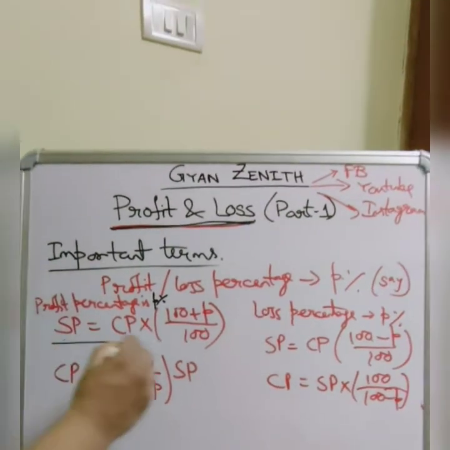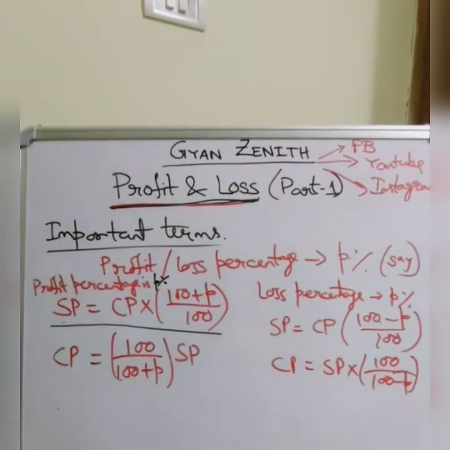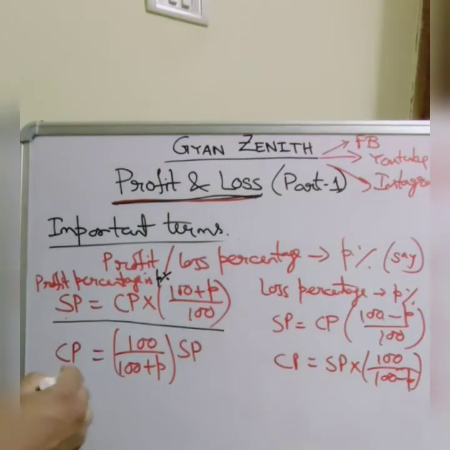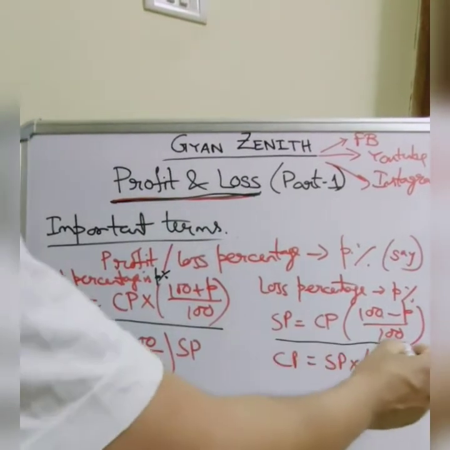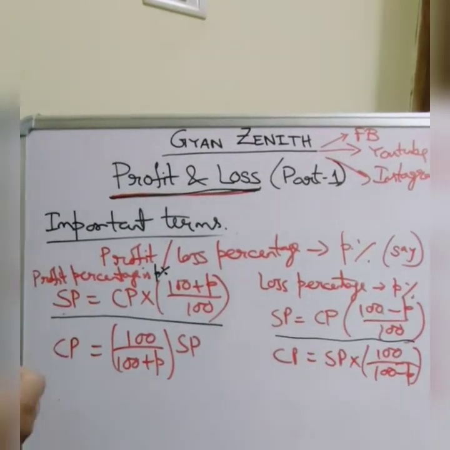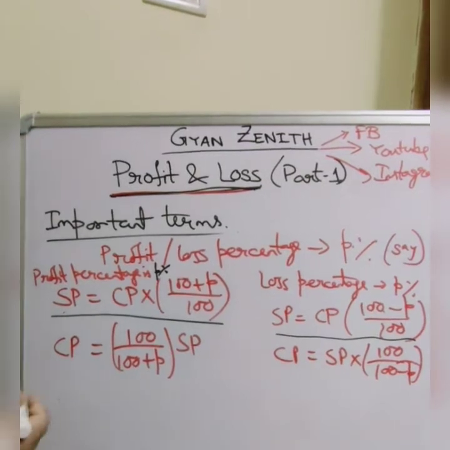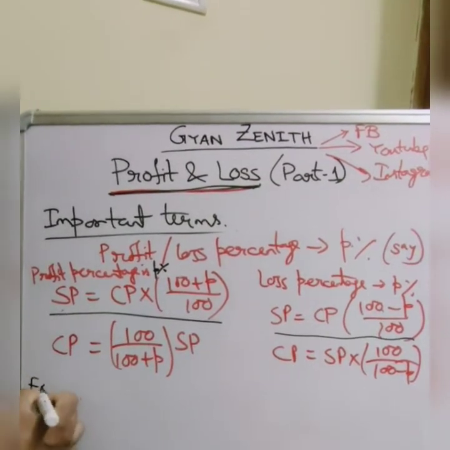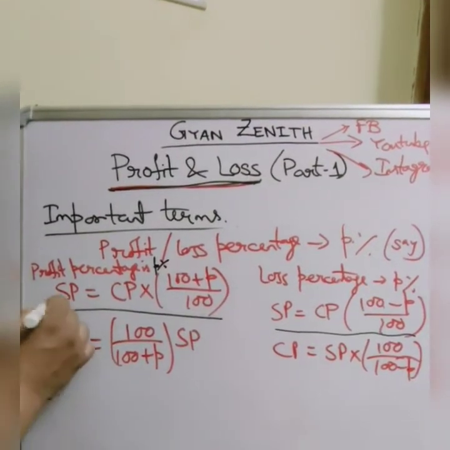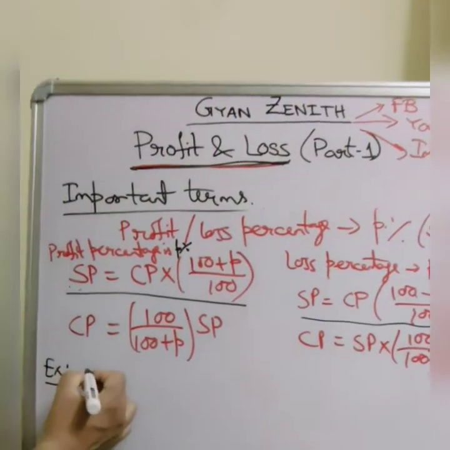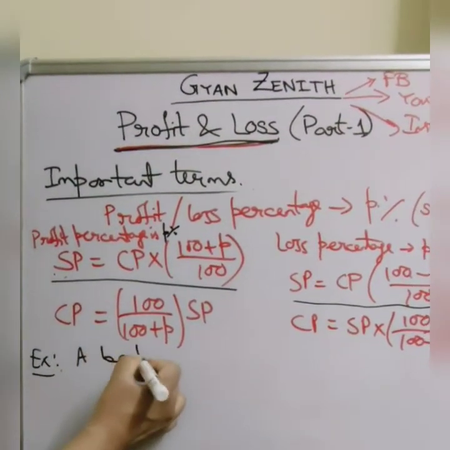So if profit percentage is P, SP equals CP into (100 plus P) by 100, and if loss percentage is P, then SP equals CP into (100 minus P) by 100.